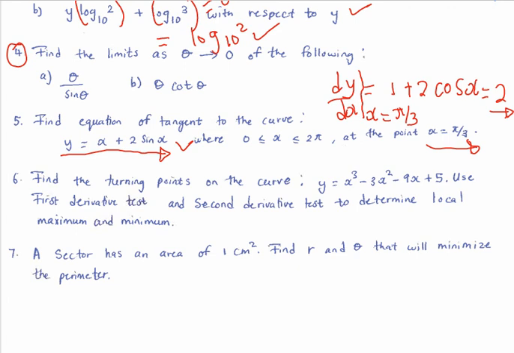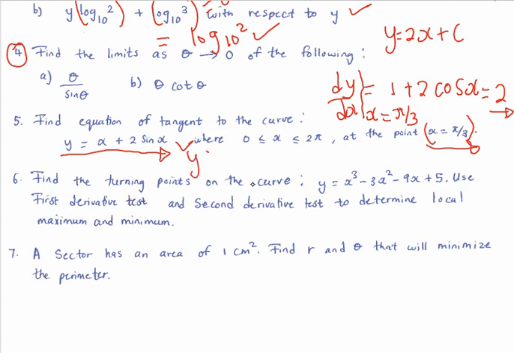And now after finding the gradient, which is 2, so from your equation you have 2x, you are left to find the value of c. To find the value of c, you need to substitute this x, pi over 3, into the original equation.